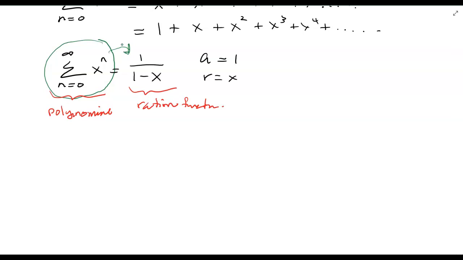So there's an interval where we could actually use maybe up to 6 terms or 4 terms of this expansion to estimate our rational function.